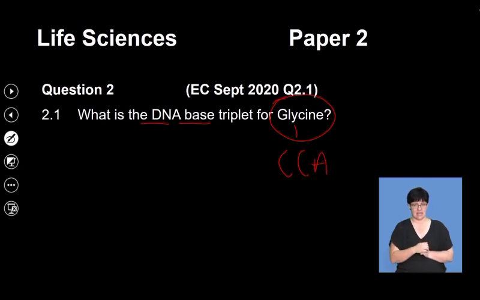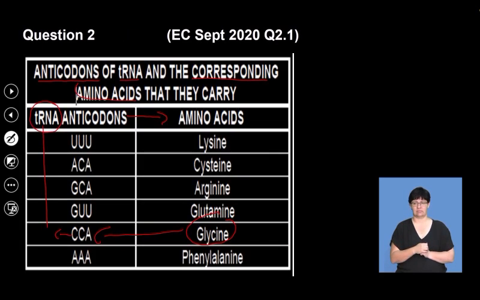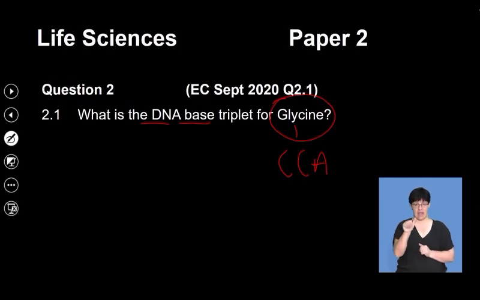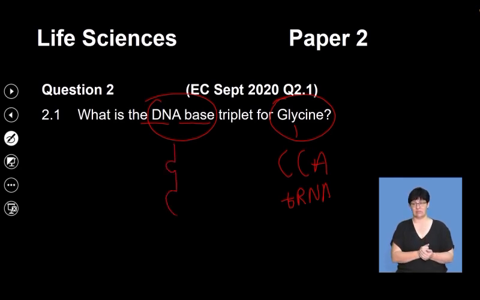I'm just going to skip back to that. So am I right? CCA, and we said that it's tRNA. Okay. So if it's CCA and that is tRNA, the question wants us to get the DNA base. So if we go back to what this image looks like, that is the tRNA, and on it is CCA.